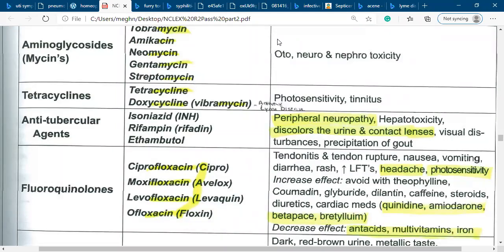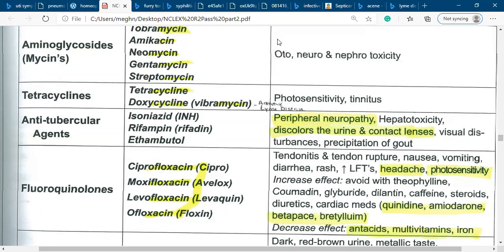Same as aminoglycosides, do not give during pregnancy, right? Also, do not give tetracycline with cow milk. Do not give it to children under 8 years old because it causes teeth to turn black or discolored.